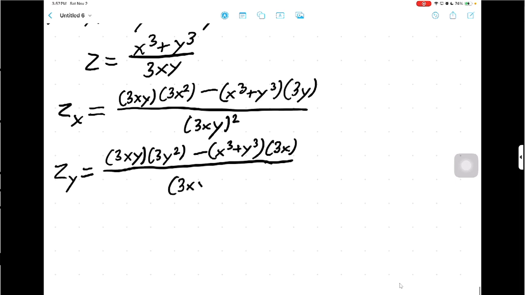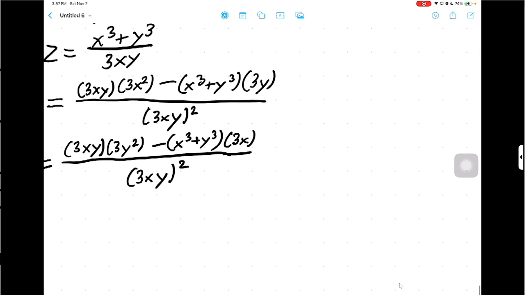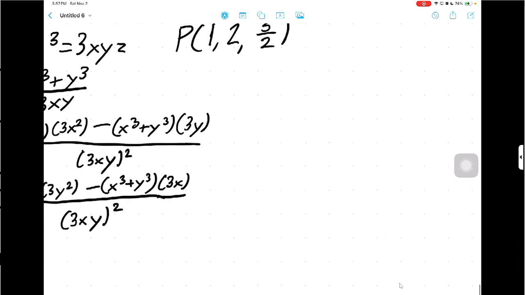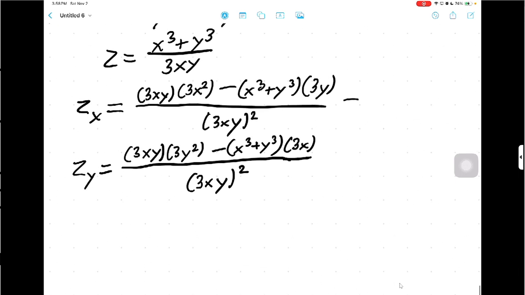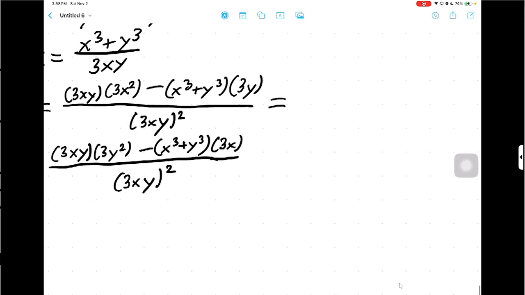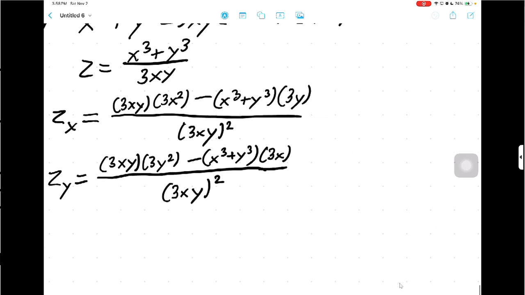Square the bottom and away we go. Low d high minus high d low. Square the bottom and away we go. Yeah, I'm not going to simplify that.